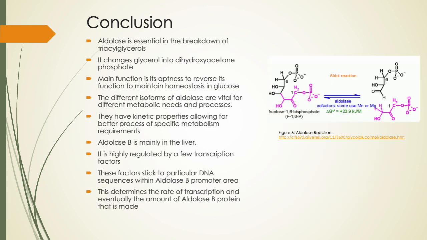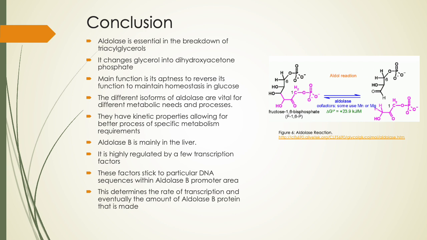Aldolase is essential in the breakdown of triacylglycerols. It changes glycerol into dihydroxyacetone phosphate so it can enter glycolytic pathways. Its main function is its ability to reverse its function to maintain homeostasis of glucose.